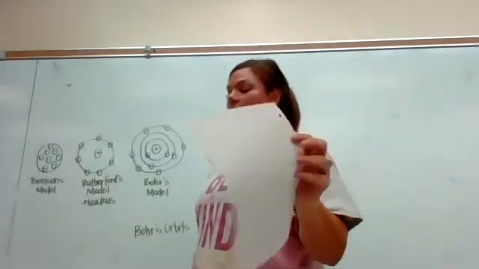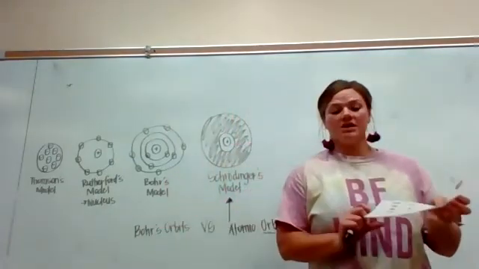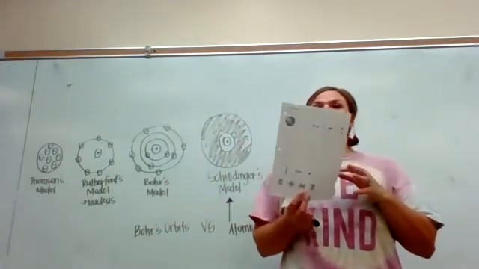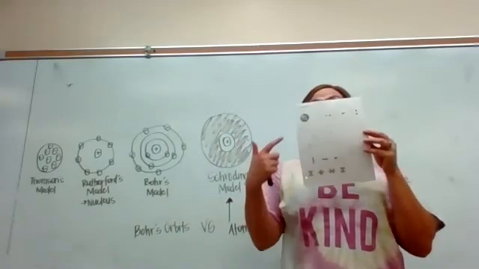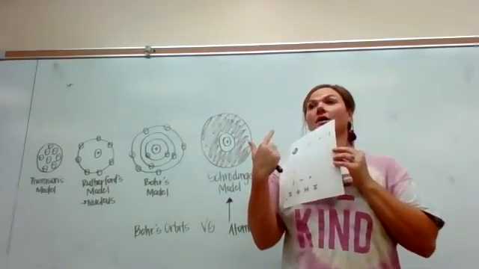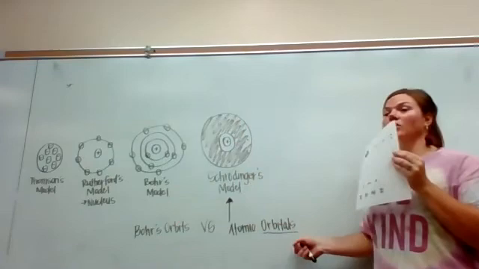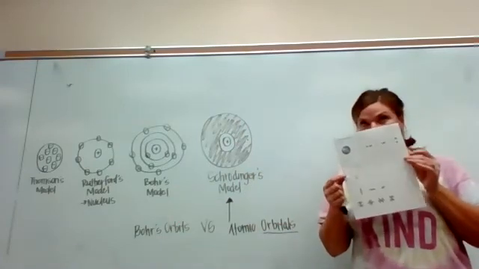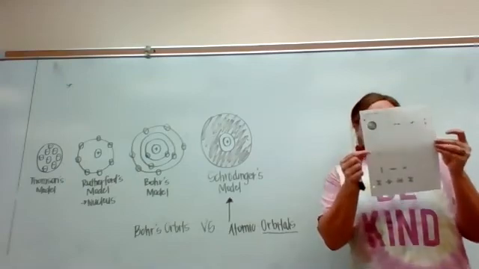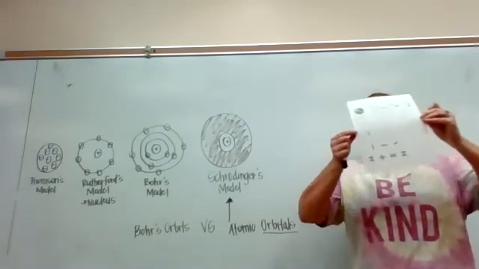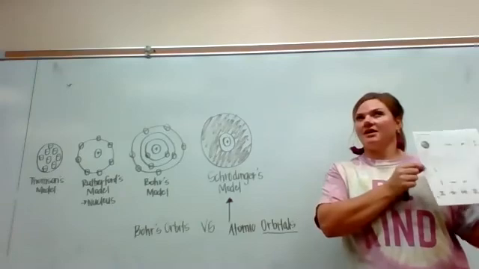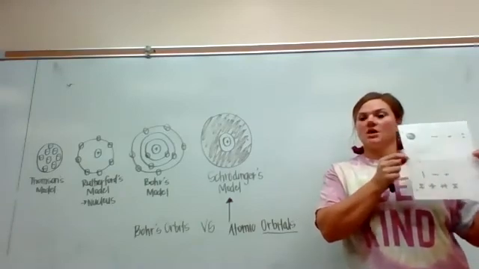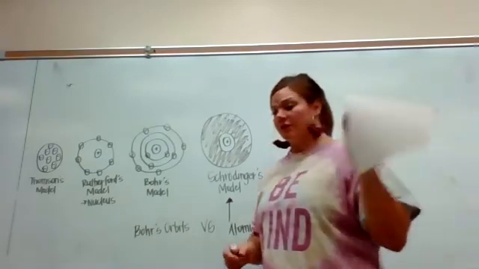So if you look at my typed notes on page 10, there are all the different atomic orbital shapes. Okay, you don't have to know these. I just want you to see them because I think it'll help your quantum numbers make more sense. Okay, so I would look at those if I were you.